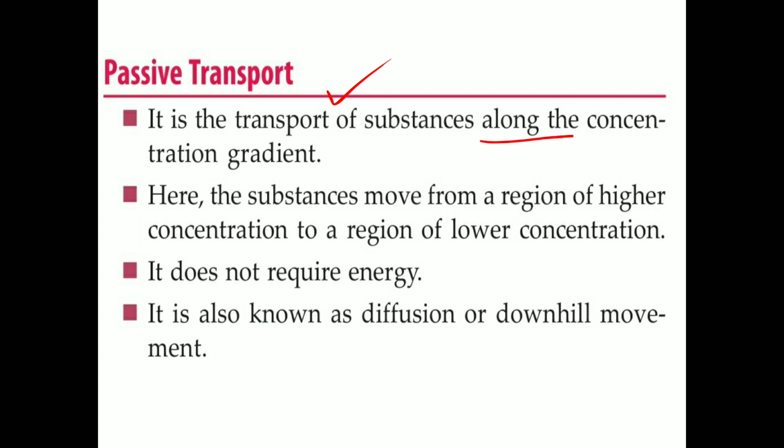The transport of substances takes place along the concentration gradient from a region of higher concentration to a region of lower concentration. The substances will move from a region of higher concentration to a region of lower concentration in passive transport. It does not require energy.